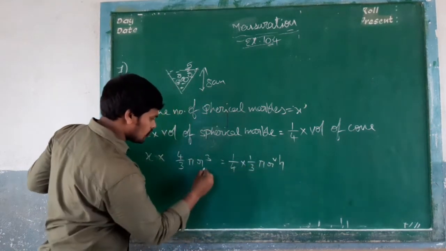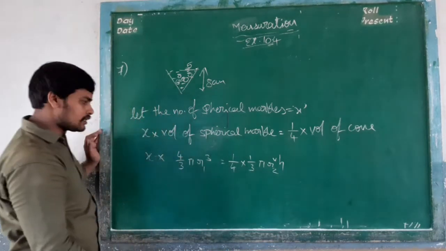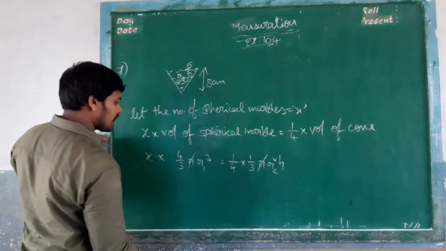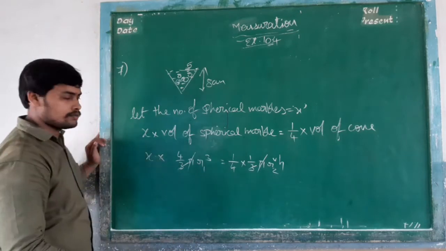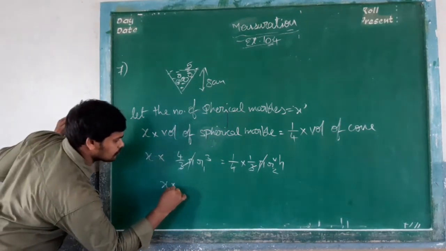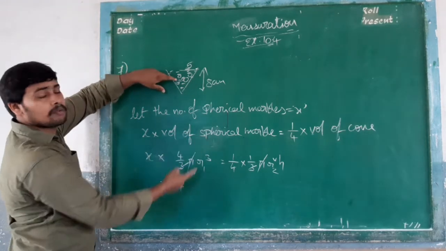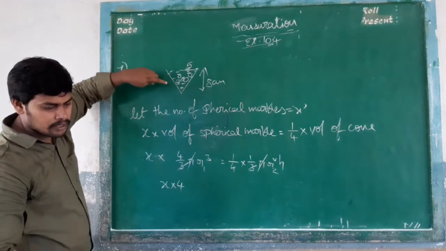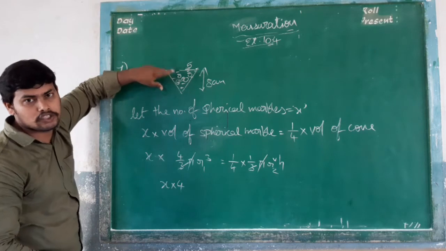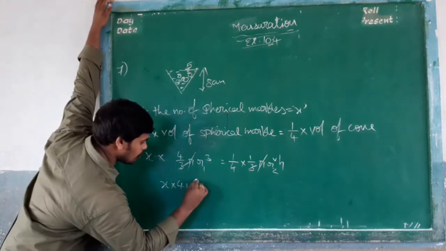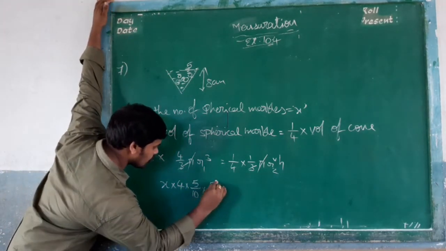Here there are two radii, r1 and r2. Pi cancels, 3 cancels. So x times 4 times r1 cubed, where r1 is the radius of the spherical marble, 0.5, which can be written as 5/10.